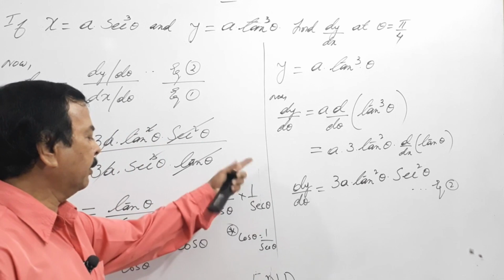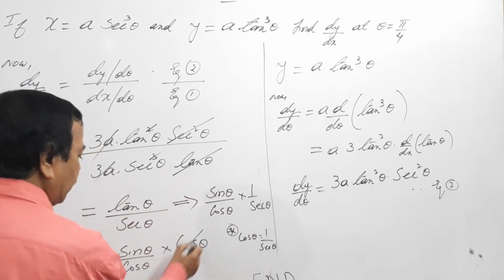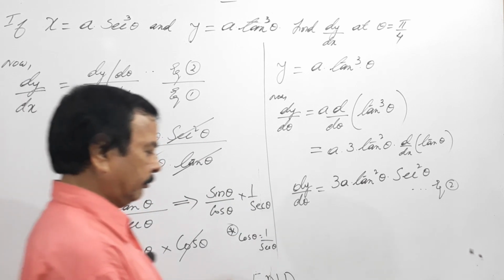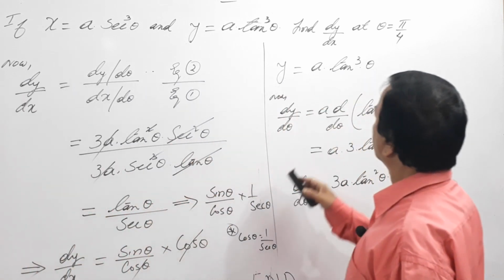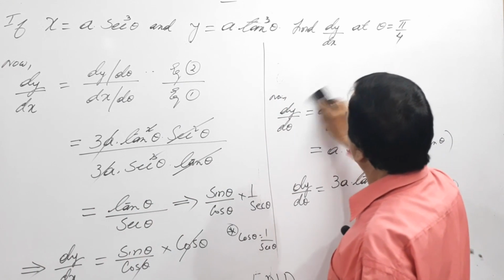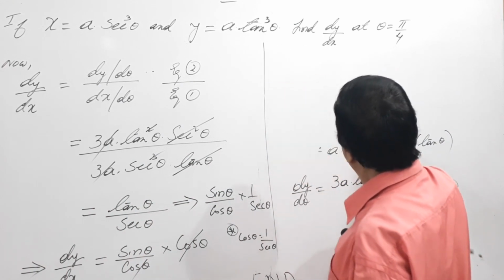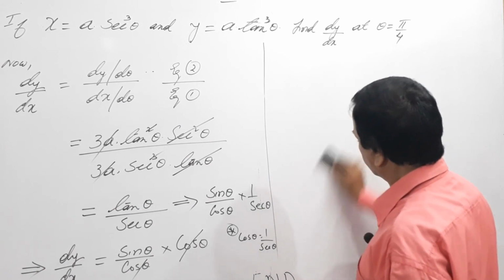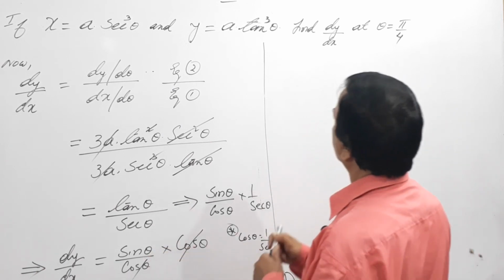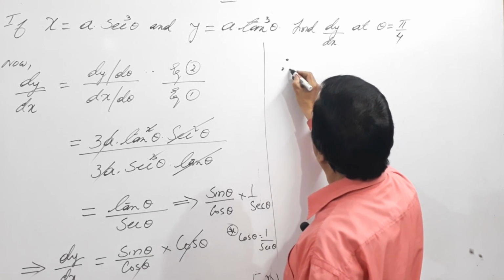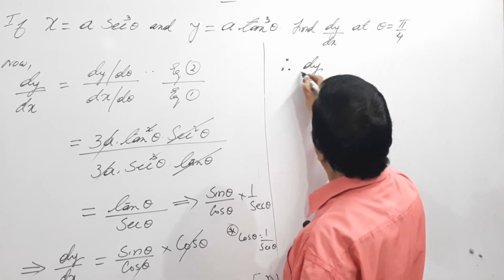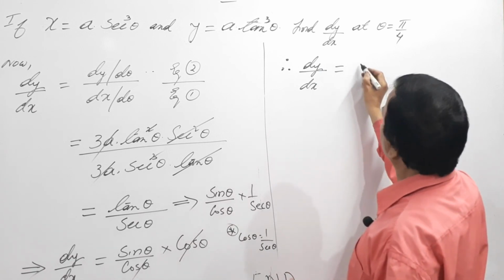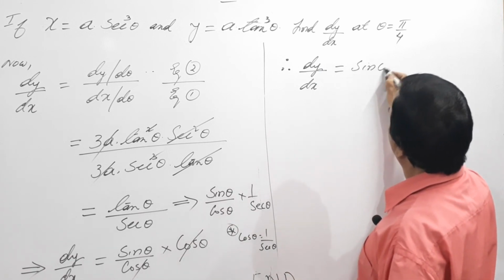So this cos theta cancels, you are left with sin theta. Therefore dy by dx equals sin theta.